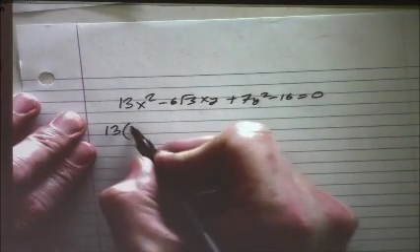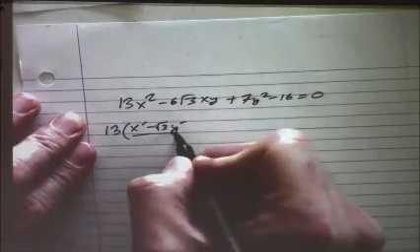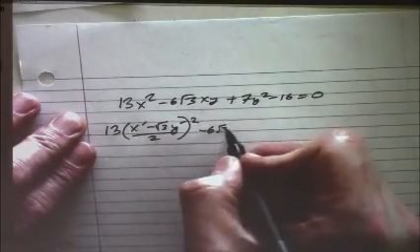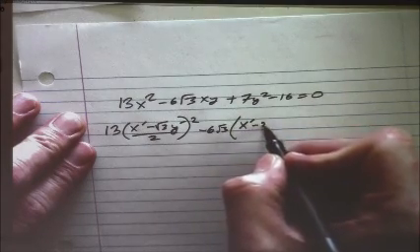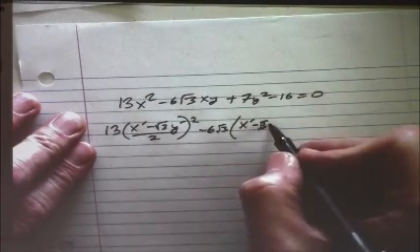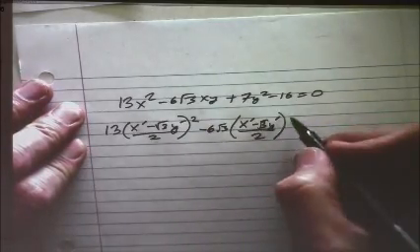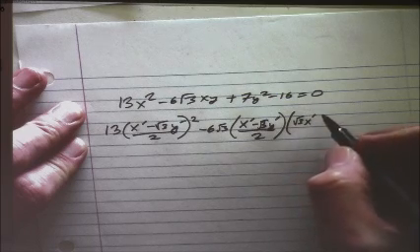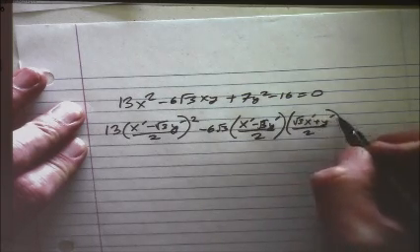So that's 13 times (x prime minus square root of 3 y prime over 2) squared, minus 6 root 3 times (x prime minus square root of 3 y prime over 2), and then the y value, (square root of 3 x prime plus y prime over 2).